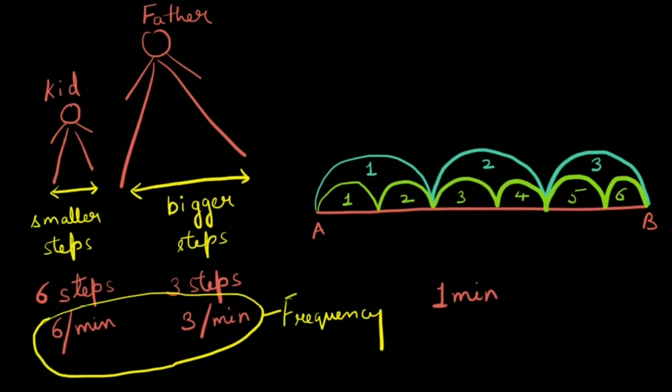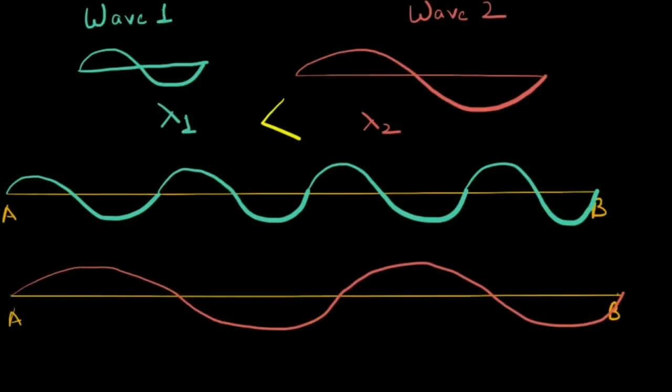Now let's consider this with the help of waves. So here we have two waves, wave 1 with a wavelength of lambda 1 and wave 2 with a wavelength of lambda 2. We can clearly see that lambda 1 is smaller than lambda 2. Now if I say that both the waves cover the distance from A to B in same time, this means that wave 1, which had a shorter wavelength, jumped more number of times as compared to wave 2.